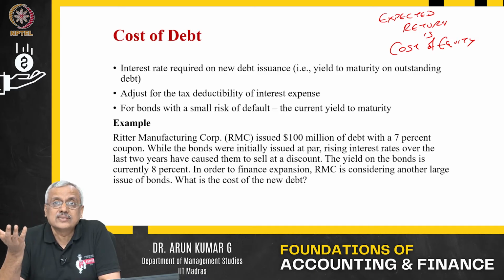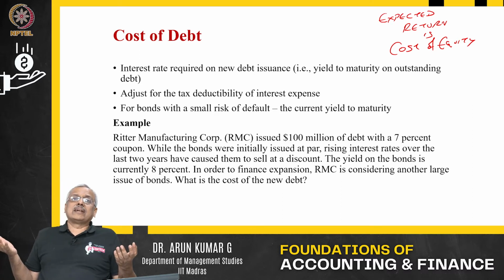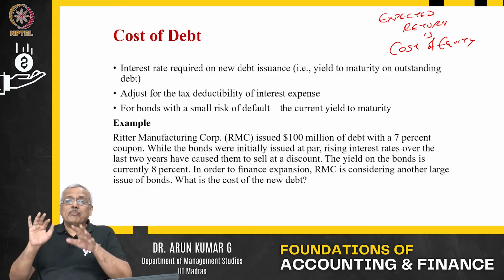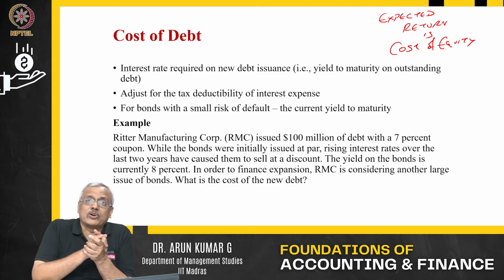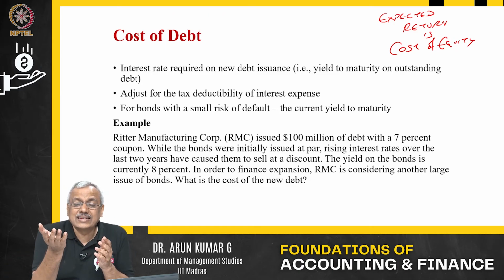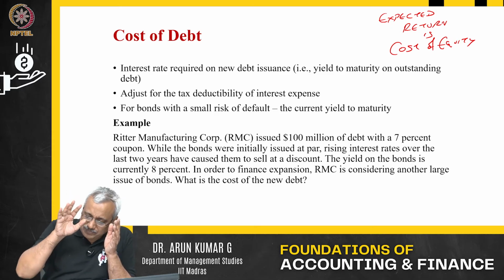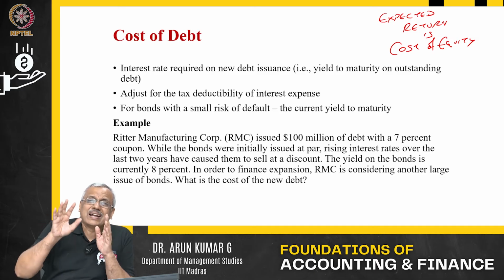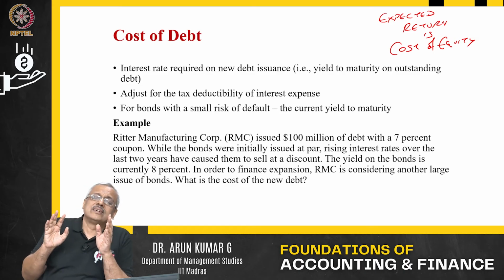Simple. The cost of the new debt is 8%, because that is the prevailing market rate of your company's debt, given the risk profile of your company. Let me rephrase it.